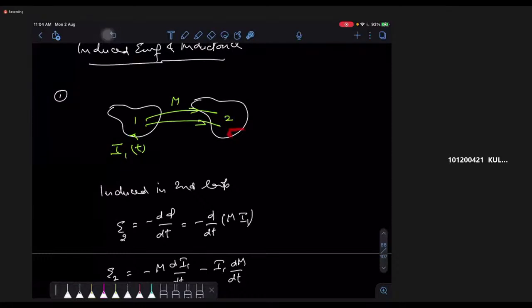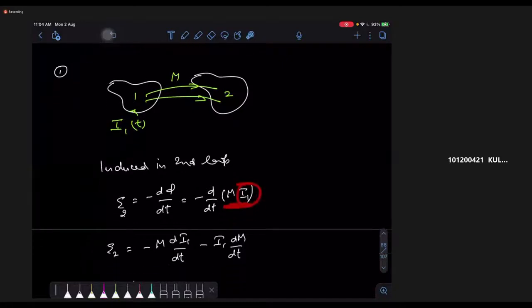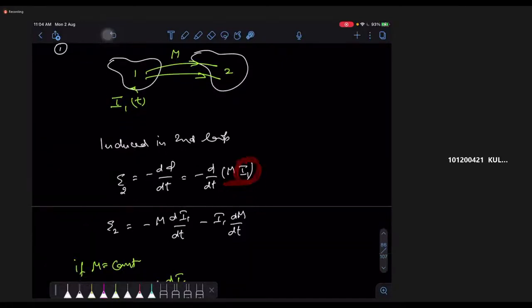So if my I1 current changes, it will create an EMF in the second circuit. That's a strange concept, and we use it again and again, not in our syllabus but in your daily life. So the current of the one affects the EMF for the second one, and as a result, an EMF is induced in the second one.